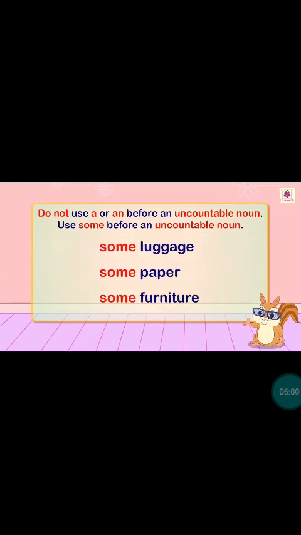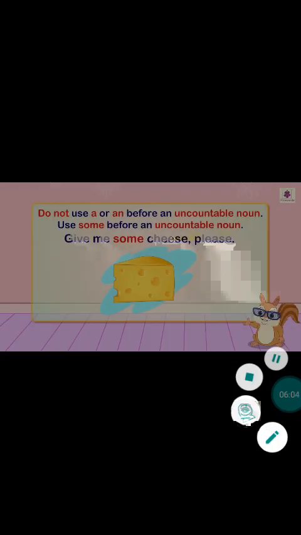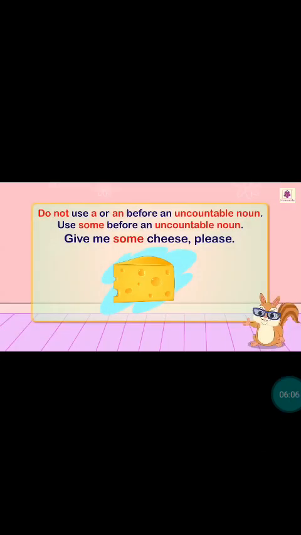Some luggage, some paper, some furniture. Another example, give me some cheese, please. We are not asking for one slice of cheese, 2 slices of cheese. We are using some cheese. Give me some cheese, please.